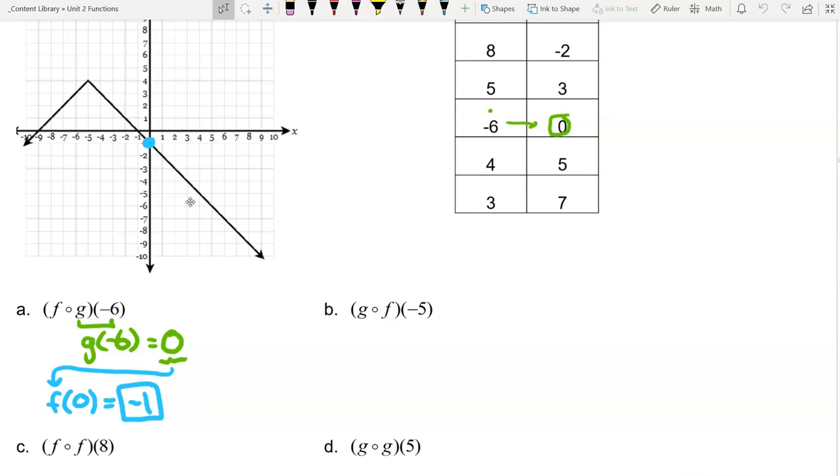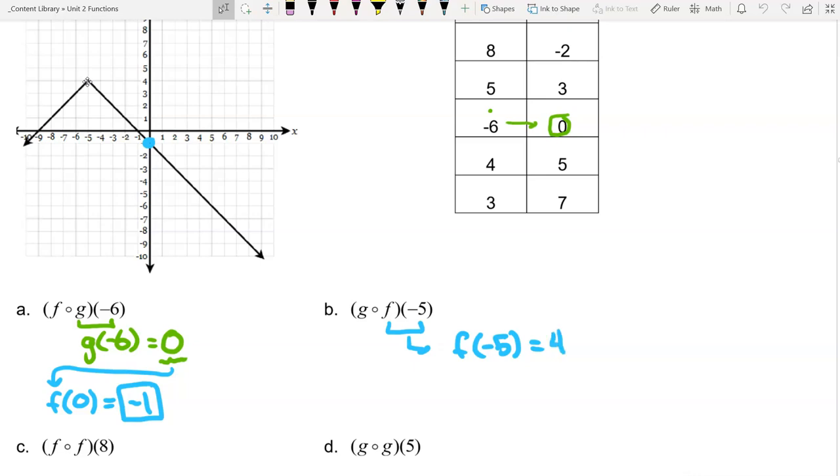All right, we're going to try it again. It's just the reverse and a different number, but we start here. F of negative 5 equals, so f is the graph, and this is the x value. So I'm going to negative 5, find it on this line. Go to negative 5, okay, there it is. And then go see what number we're at there. It looks like 4.